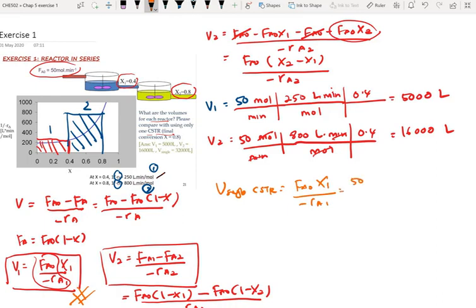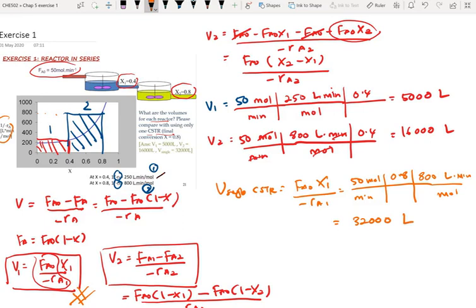Here your FA0 remains similar, 50 mole per minute, and x1 now, for one single reactor, will be 0.8. And 1 over negative RA is 800 liter per minute per mole. Punch your calculator. See this, 30,000 liter.